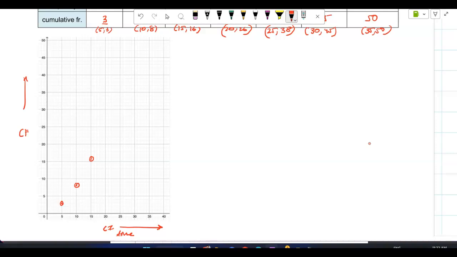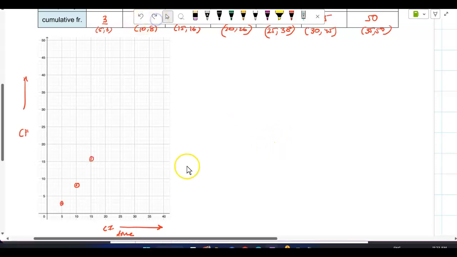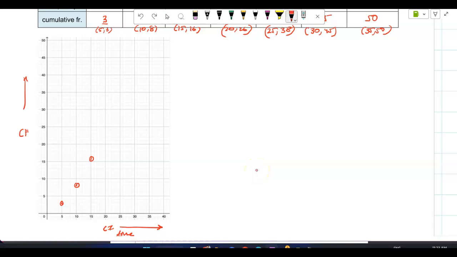I made a mistake in plotting these points. What's the mistake I made? Two smaller units is 1 unit. Let me count 1, 2, 3, 4. No, it was right. Sorry, it was right. Okay, 20, 26.